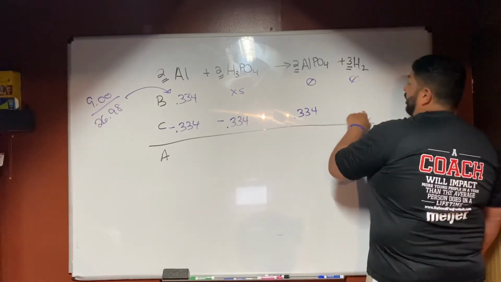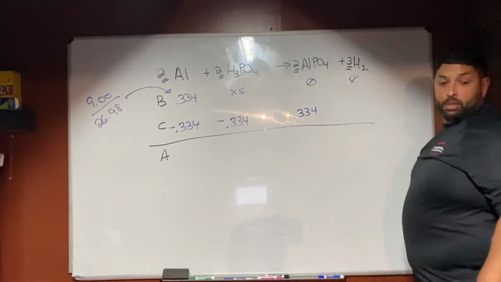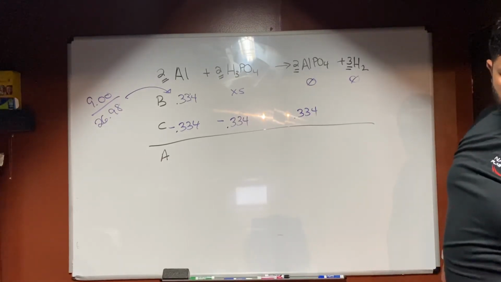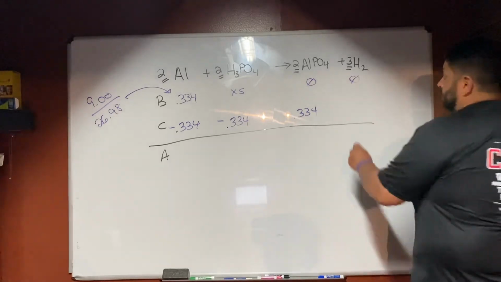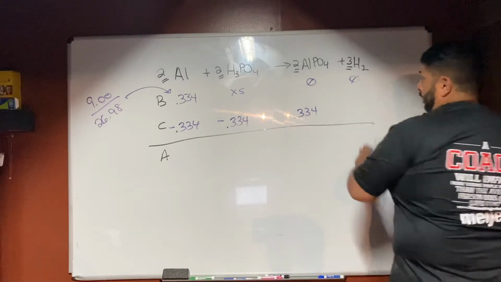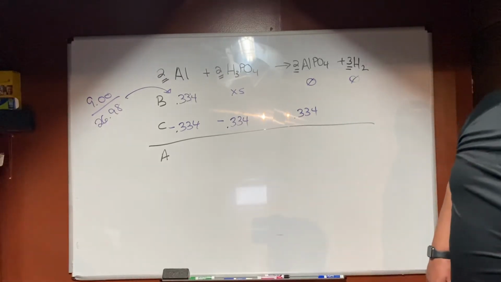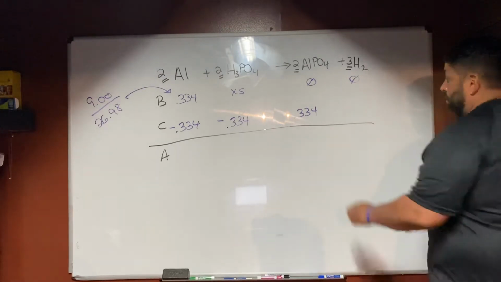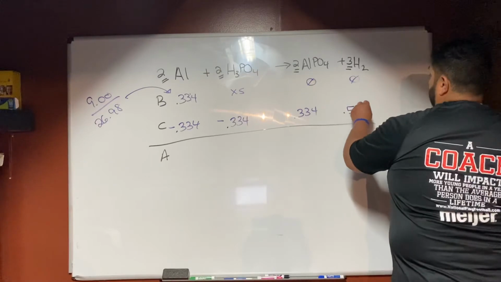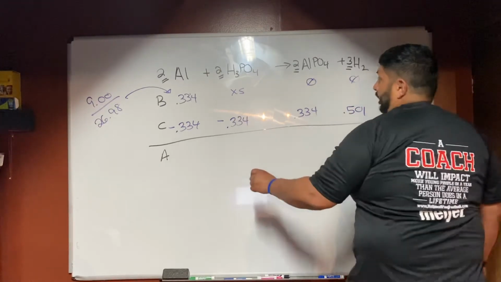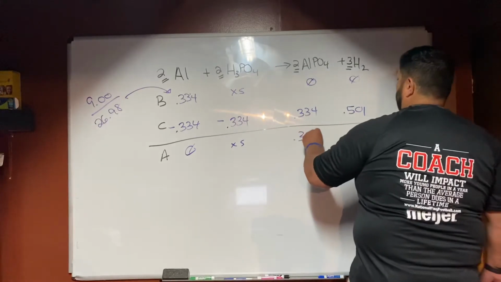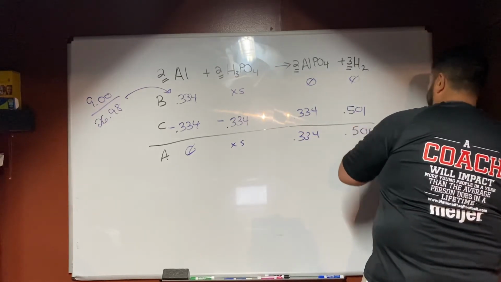This last one is the only one I would have to do math for: you take 0.334 times 3 divided by 2, which gives 0.501. So we get 0 extra stuff, 0.334, 0.501.